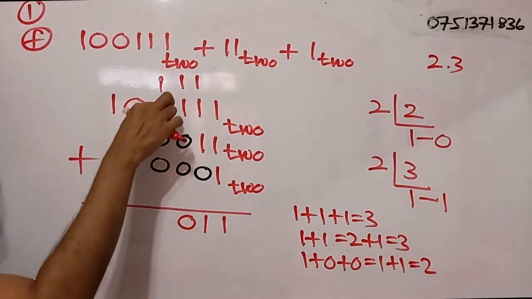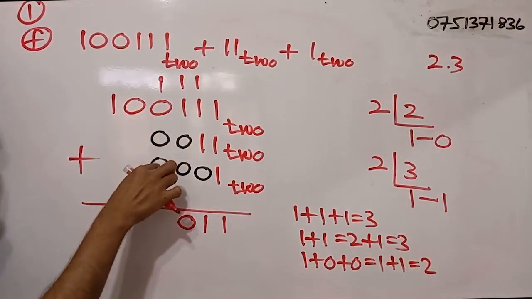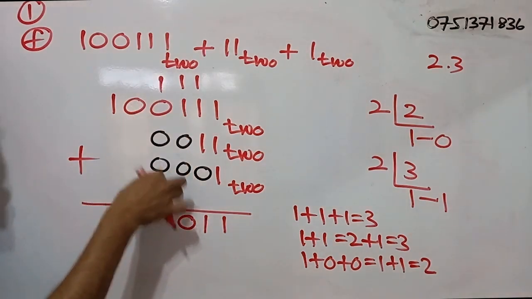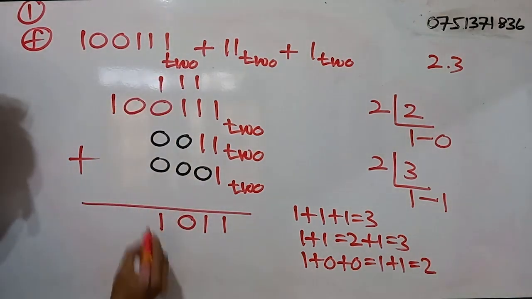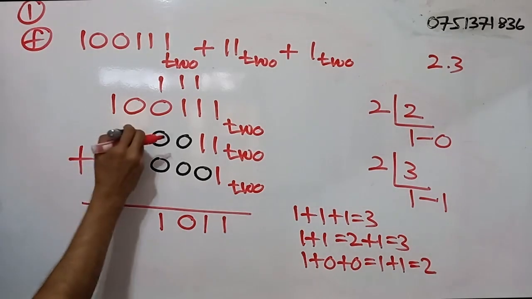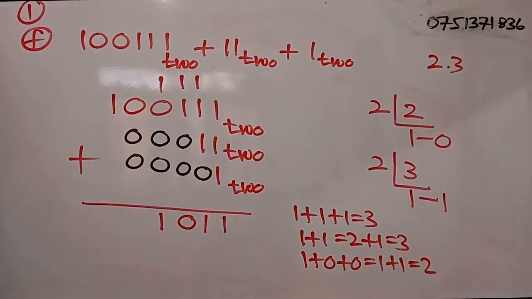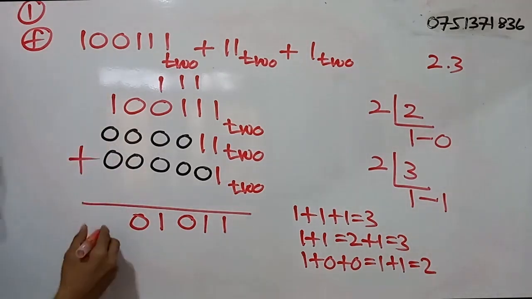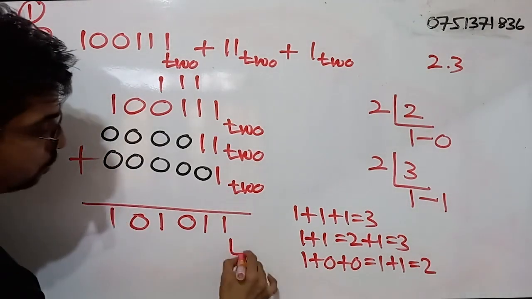So if we think about these three digits, it will be equal to what? 0. When we add them, it will be equal to 0. To that we add a 1. So this becomes what? 1. So here also I will put zeros since there are no placeholders. So this becomes what? 0. So here also I will put zeros, and when we add these together we get what? 1. So this will be the answer.